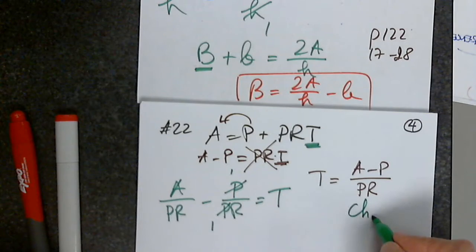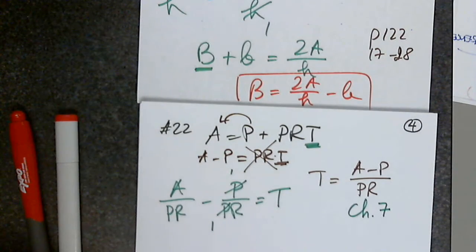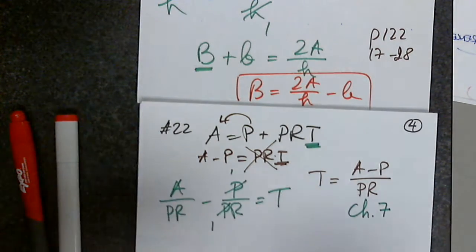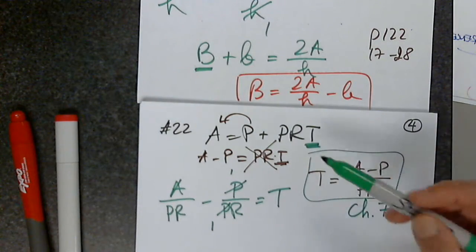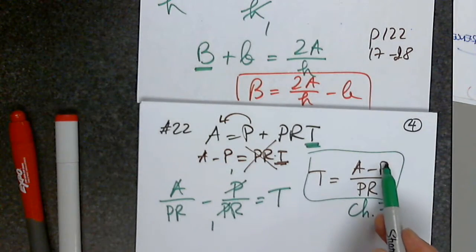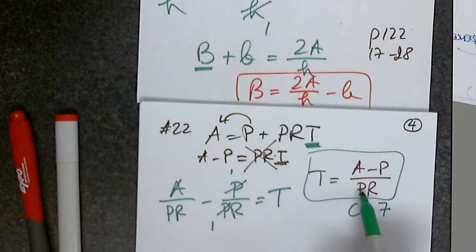And this has to wait till chapter 7. So choose the option you like, but just make sure that you don't simplify P with P in this scenario.